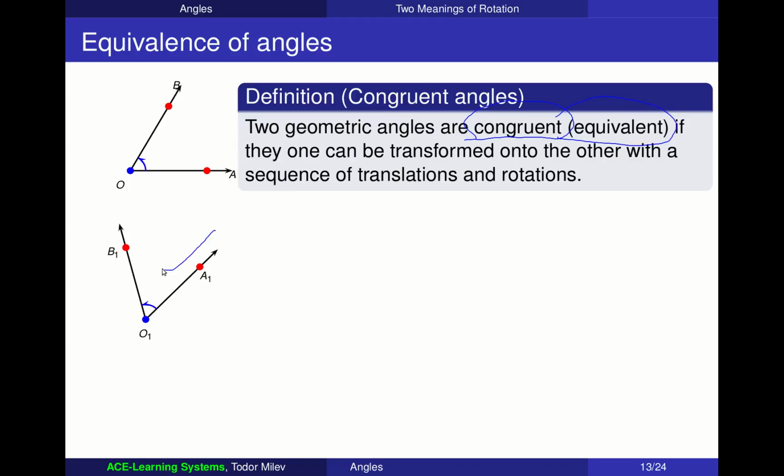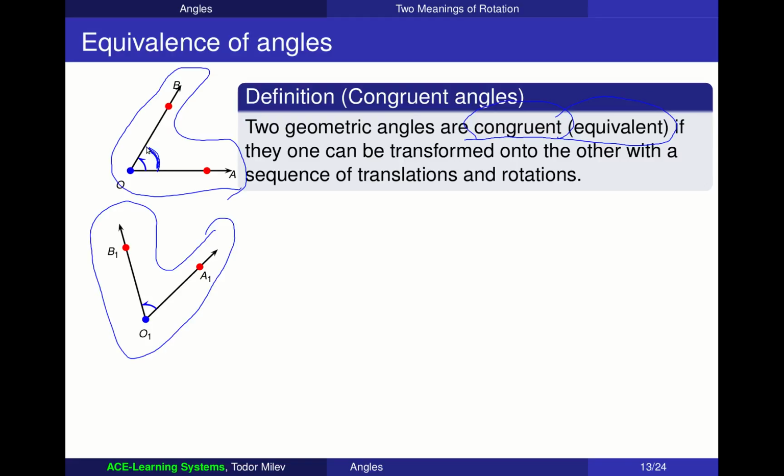So here are two angles. The way I've depicted them, they appear to have the same angle measure. If you take that arc and measure the length of the arc of the unit circle chopped off by this angle, and you do the same with that angle, you're going to find that this arc equals that arc.